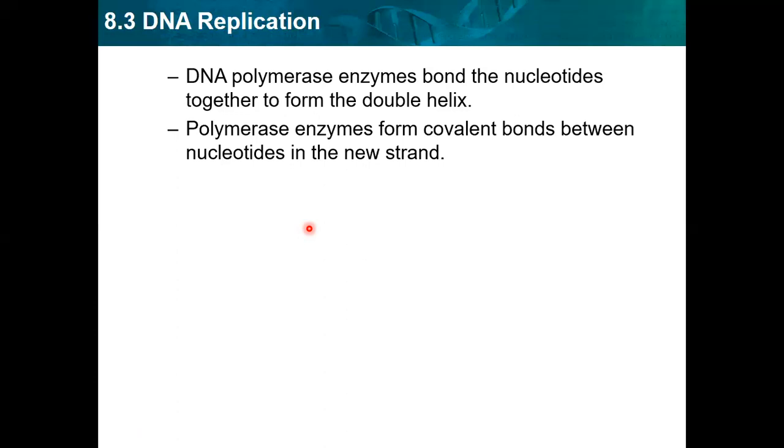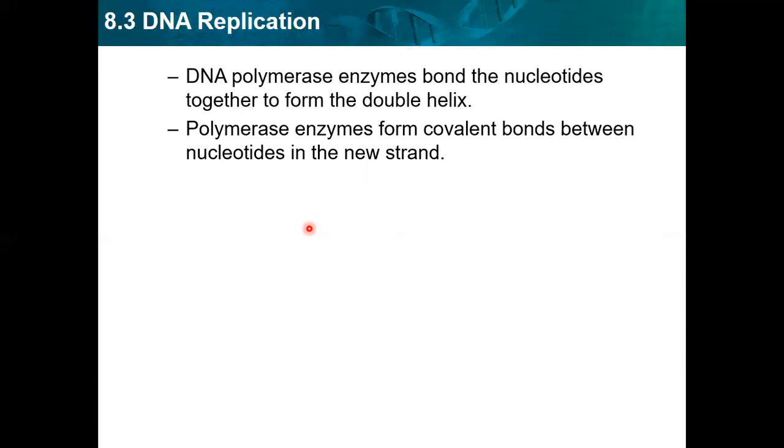When the double helix is unwound, you're going to have single strands. When the DNA is unwound, there will be some exposed DNA bases, so the free floating nucleotides will look for the complementary bases and pair with them.